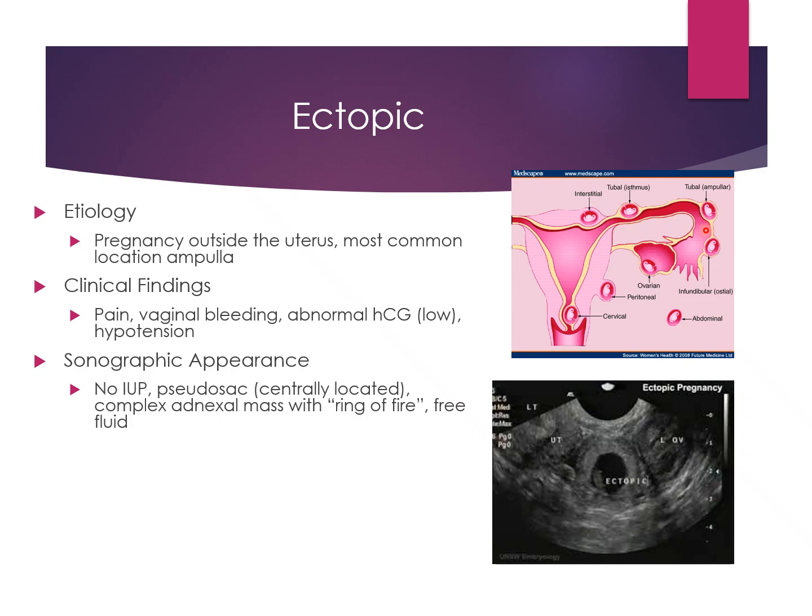So that's going to be a very common place for ectopics to be found. And then we can even have them here down at the cervix or into the interstitial area of the uterus.